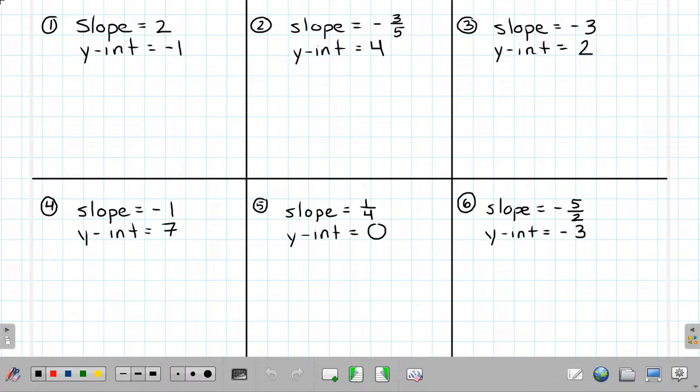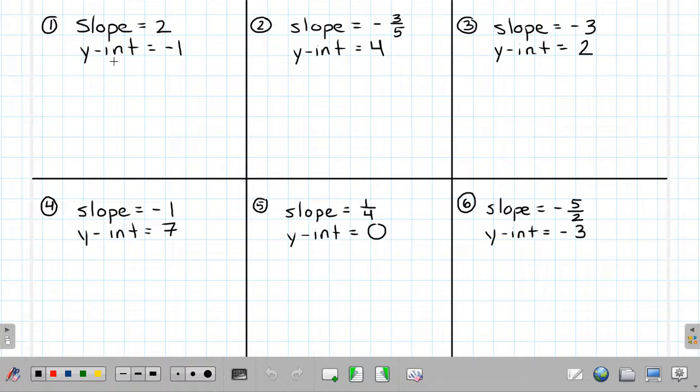So the first 6 examples are really super easy in that if you know the slope and you know the y-intercept, the equation just basically falls right out for you in the sense that all you've got to do is plug the slope and y-intercept into your formula, and you've got the correct equation.